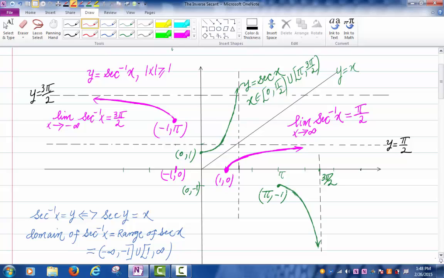Well, one such choice is that I am looking at the graph of secant from 0 to pi over 2. So here is 0, and here is pi over 2. That's the green part. The green parts are the graphs for the secant function.